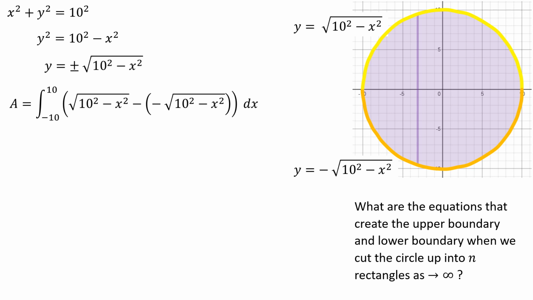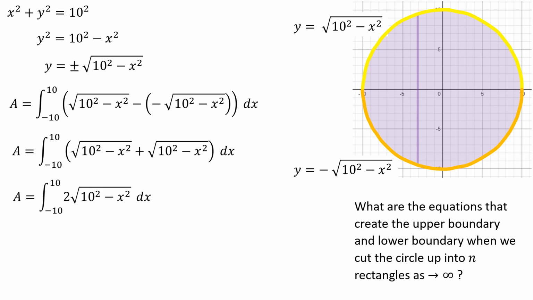We just have addition. And those are identical, so we just have two of the square roots of 10 squared minus x squared. Uh-oh. I don't think this is something we can integrate.